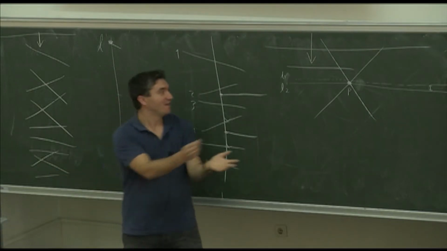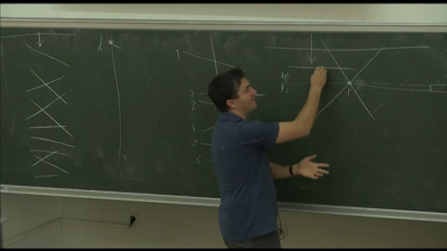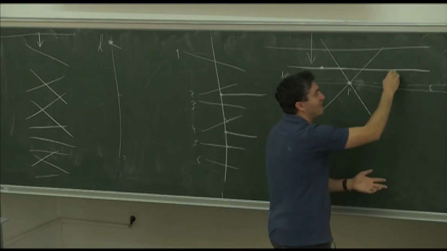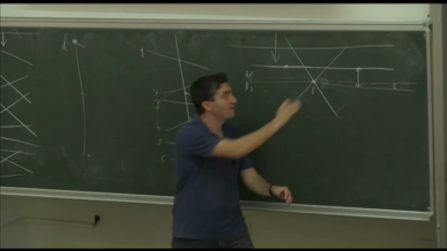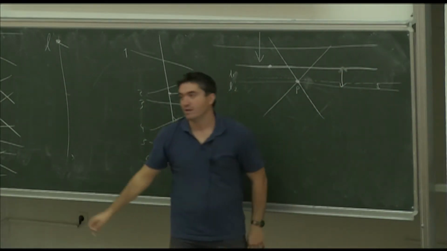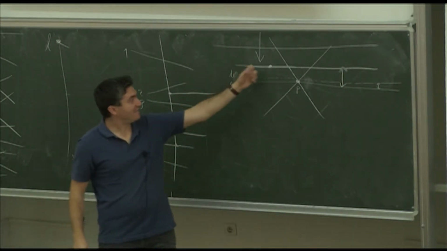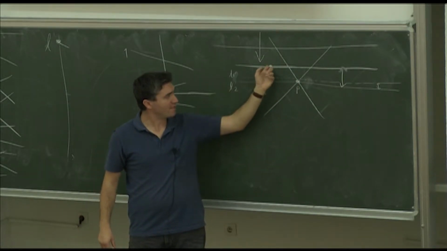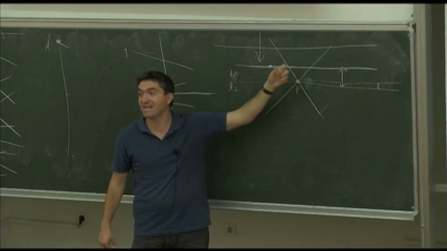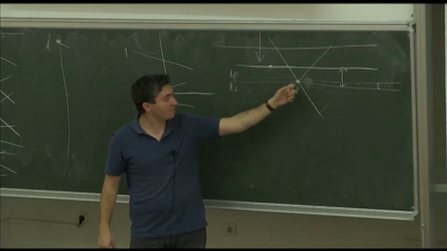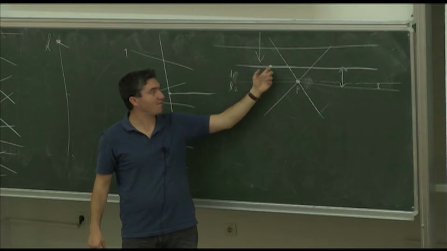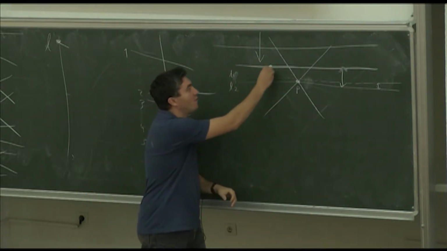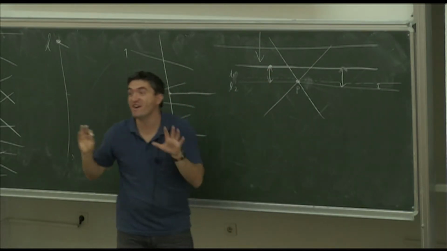Even if there was an event point here and you jump directly from here to here, it means that before you jump to this point, they have to be neighbors. Because we know that in this interval nothing changes.